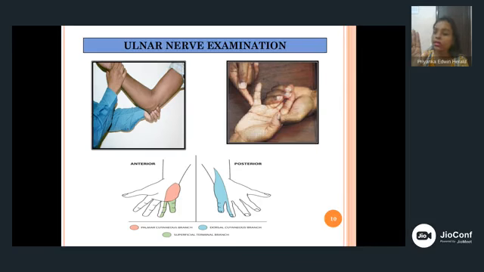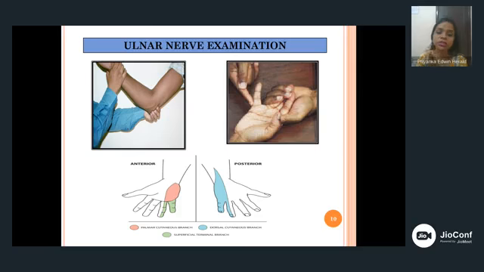We ask the patient to abduct the little finger out, and if he is able to do so, then we apply a little resistance over it and ask him to abduct the finger again against our resistance. If the patient is able to do both, then we say okay, there is no motor paralysis or muscle weakness present. So this is how we test motor paralysis or weakness of the muscle.